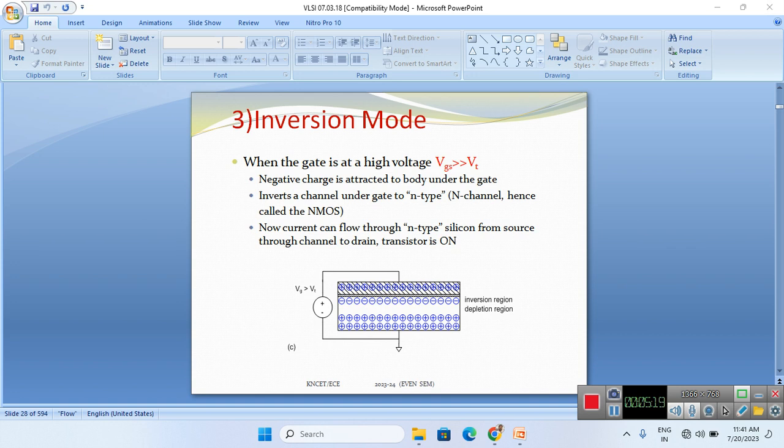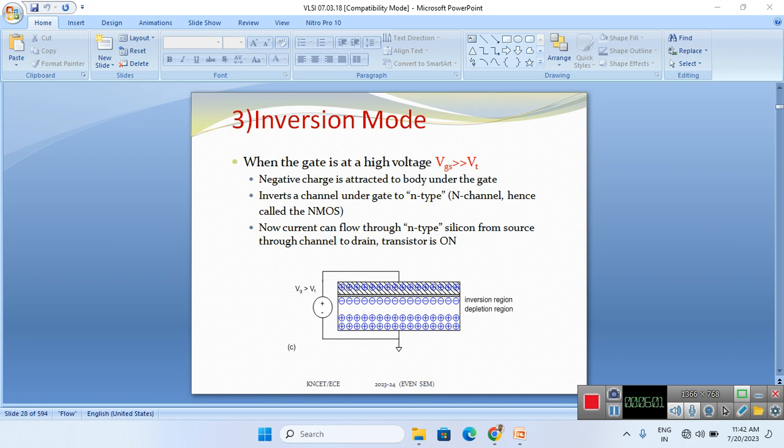Listen here. This is a p-type body, in which the holes are the majority charge carriers, and we have a small number of minority charge carriers, the electrons. What will happen in this mode if you apply a very high positive potential to the gate? In the p-type body, the holes are repelled from the gate, which has the very high positive potential, because of the same charges.